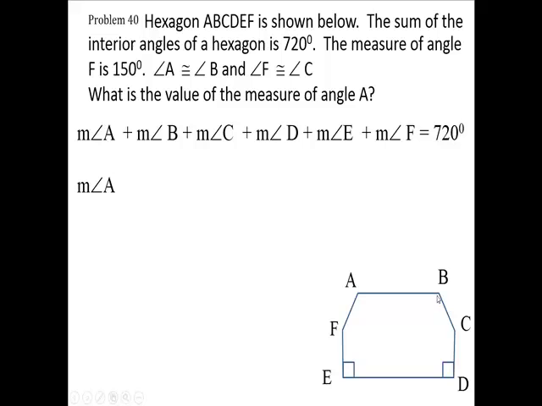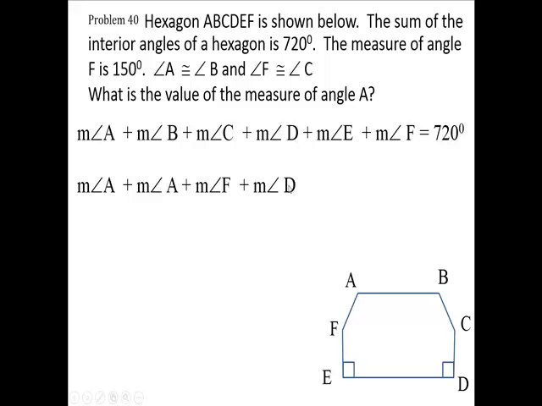So in place of B here, I'm going to put another A. Now they told us that F and C are the same, they are congruent. So in place of this C, I'm going to get rid of the C and write an F right here. Replace C with F.